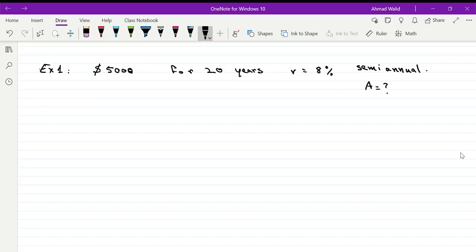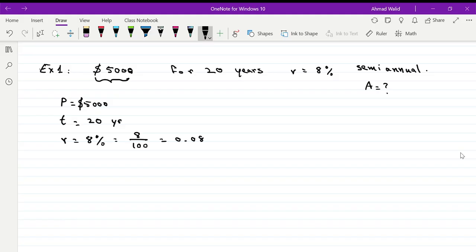Look, in this example, what's given? $5,000 is the principal money that the parent wants to invest in the bank. Time is 20 years. The rate is 8%. And you know from mathematics, every time that you want to use a percentage, you have to change the percentage sign to a decimal. 8% means 8 over 100, or in easy language, 0.08.